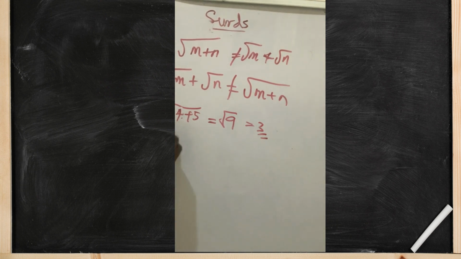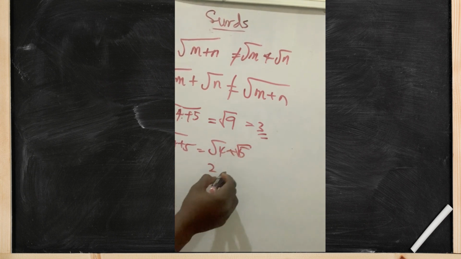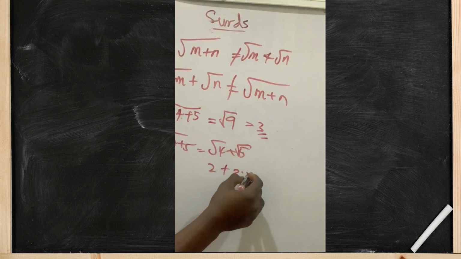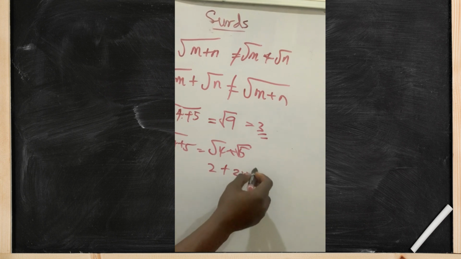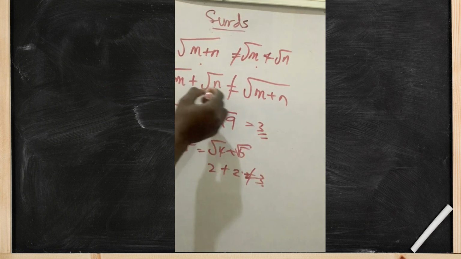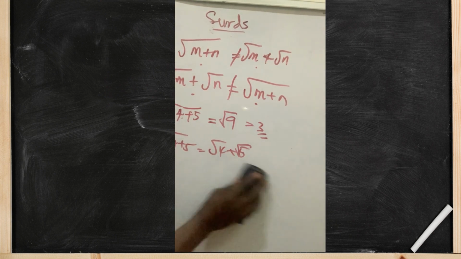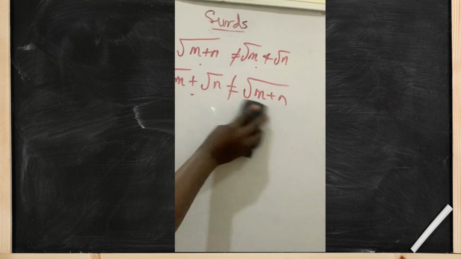Now, if you want to do this again, and you're now separating it at this, equals square root of 4 plus square root of 5. Square root of 4 is 2. What's square root of 5? 2 point something. And as a result, it can never give you 3. So this is not equal to this. So those are the background of surds.